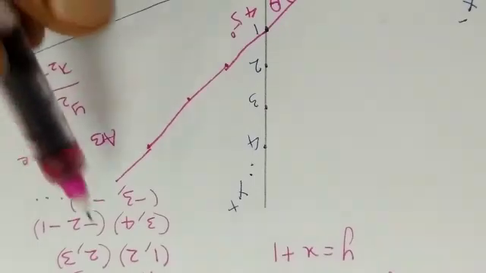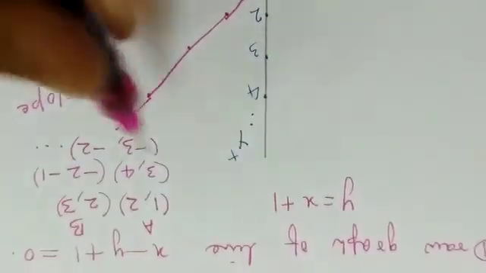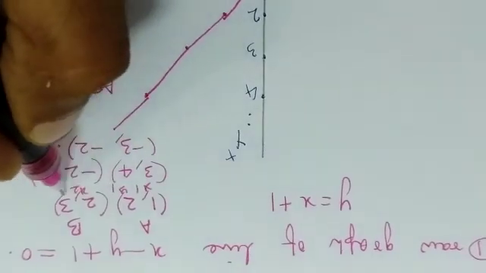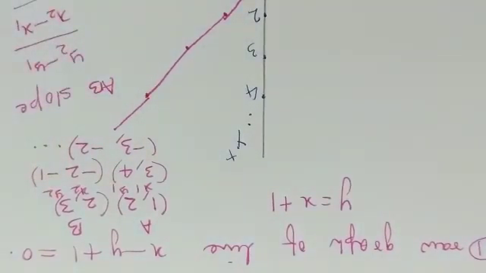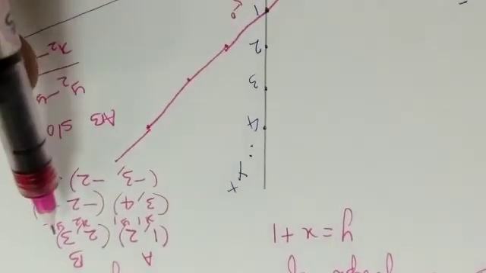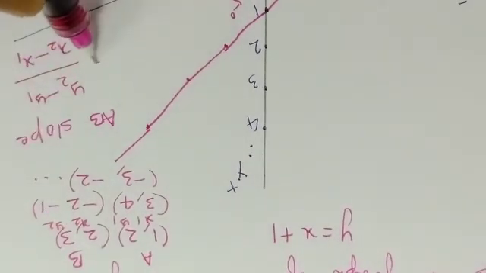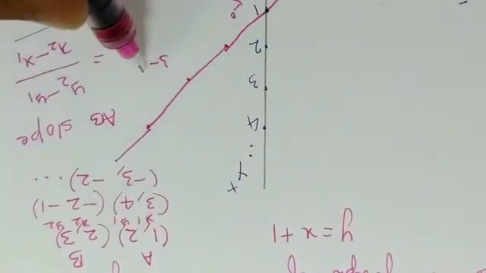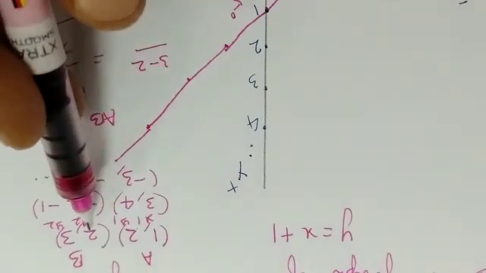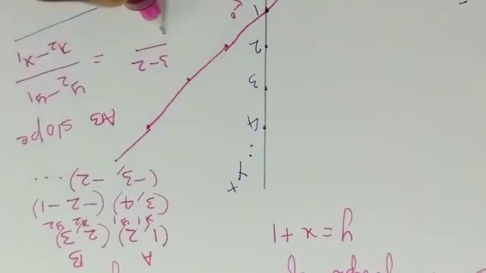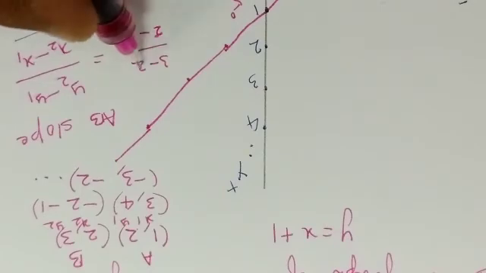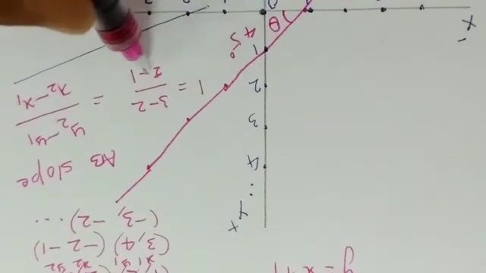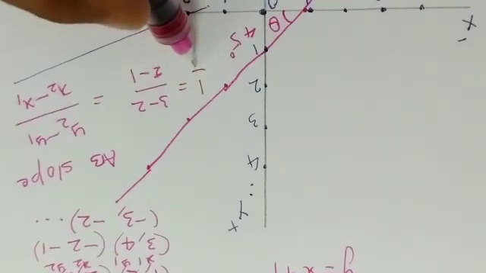This is x1, y1. This is x2, y2. Replace in the formula. y2 is 3, minus y1 which is 2, by x2, 2 minus 1. 3 minus 2 is 1, by 2 minus 1, 1.